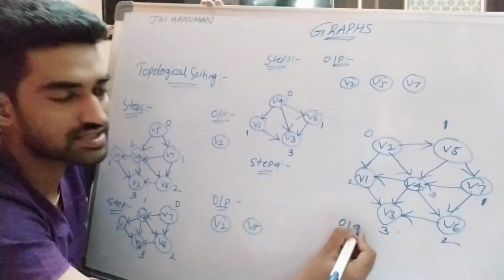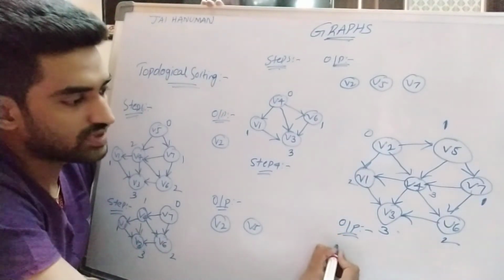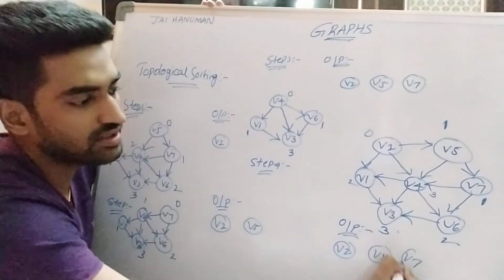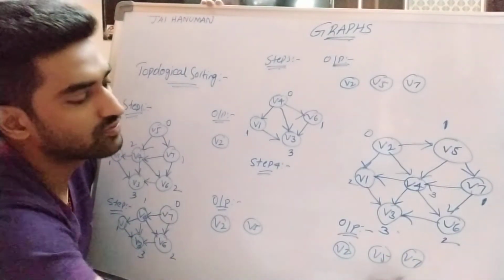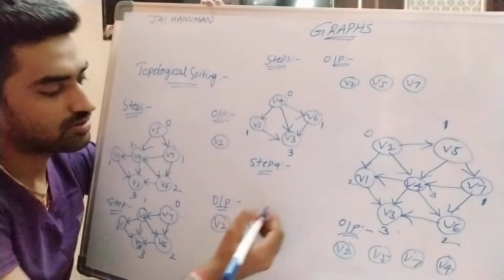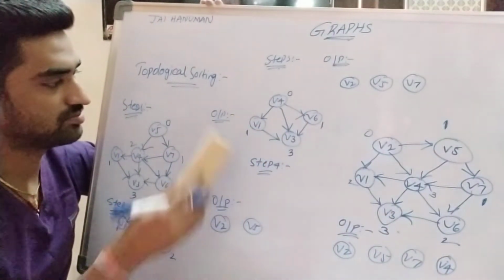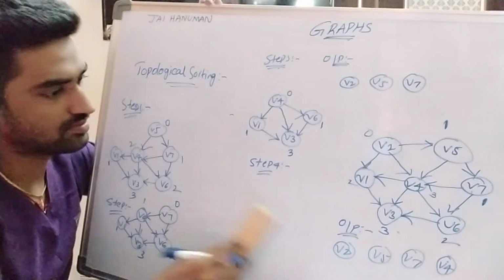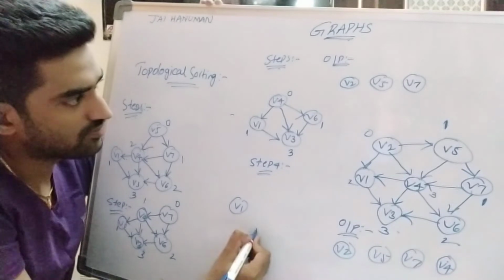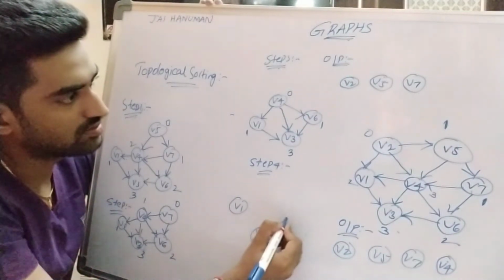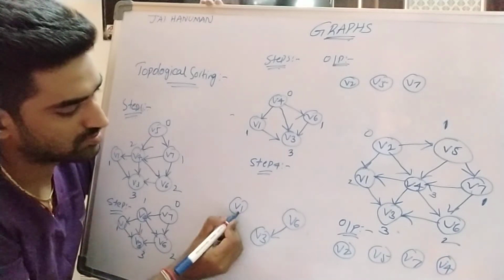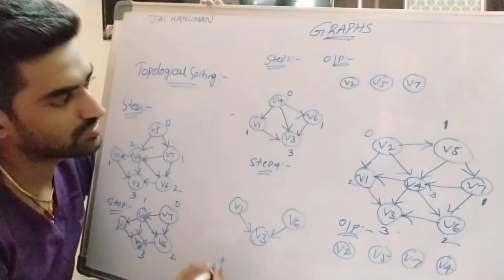Now output becomes V2, V5, V7, V4. Now graph becomes like this: V1, V3, V6. Right?